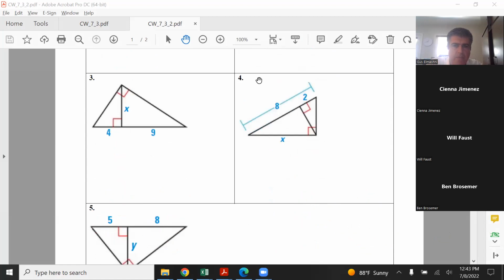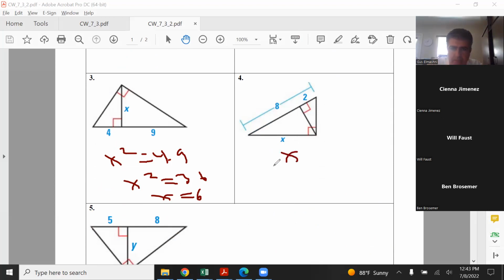For 3 and 4, you're going to have x squared equals 4 times 9, which would be 36, which would be 6. Here, you're going to compare x to 8. So this leg to this hypotenuse. Hold on, why am I drawing a blank here? Well, this is 6, obviously.